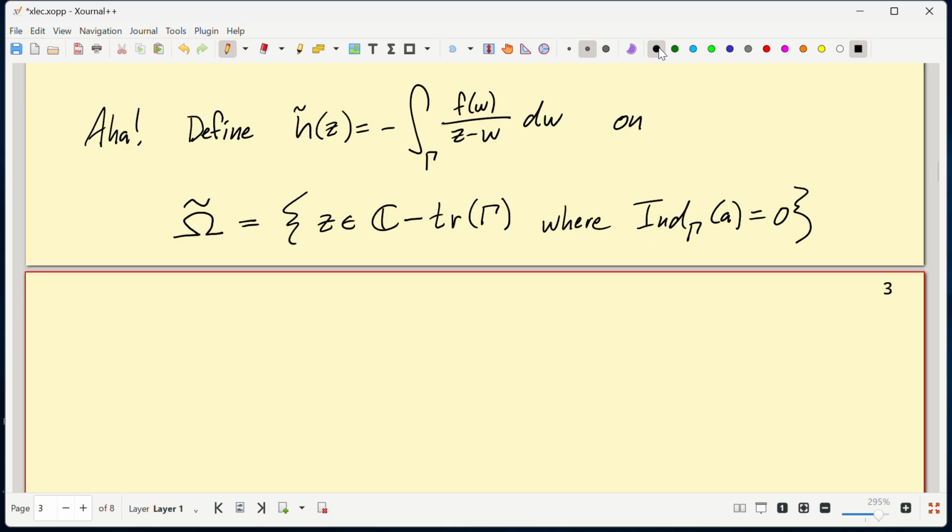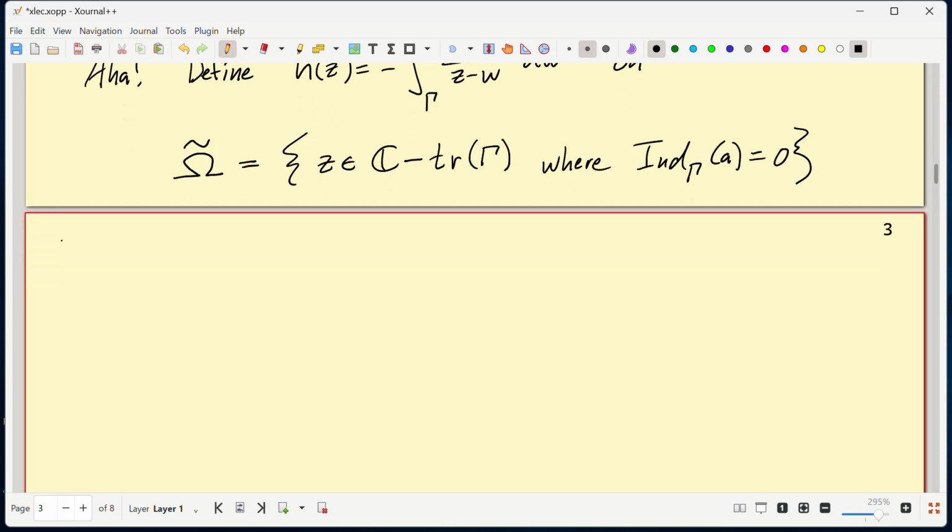Well, let's see some simple facts. Easy facts. C minus the trace of gamma is a compact thing, so it's closed. So that's open.